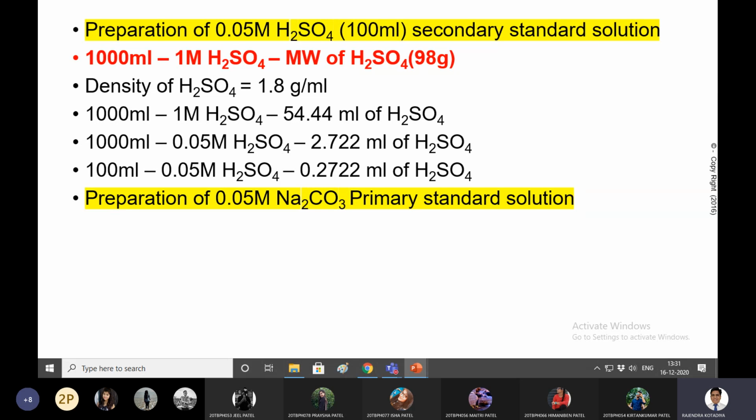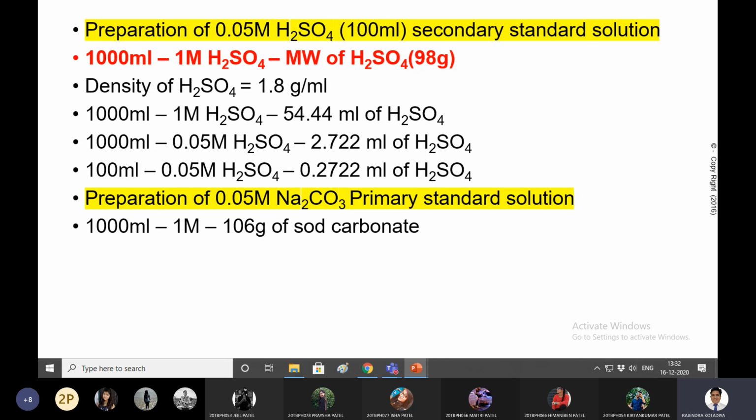What I told you is that whenever you want to prepare X molar solution of any substance, first of all you need to find out the molecular weight. Then, when you have the molecular weight, you have to dissolve it into 1000 ml.